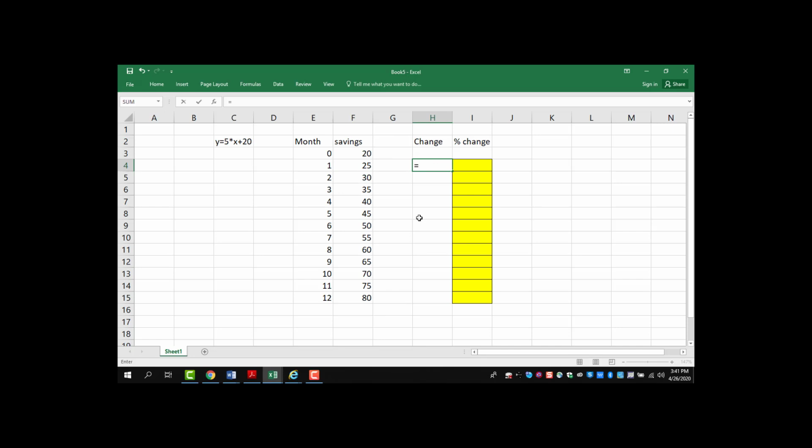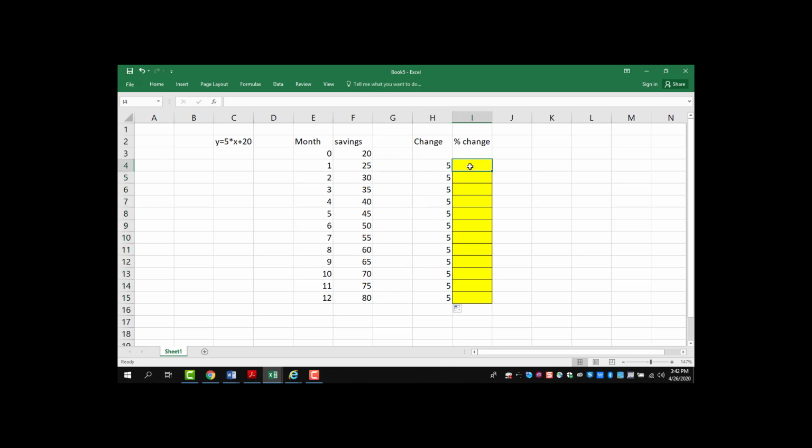So the change is going to be this minus the previous month. Hopefully you know something about linear equations and that the change is always constant. That's the whole idea. But what he's saying is, what's the percent change each month?